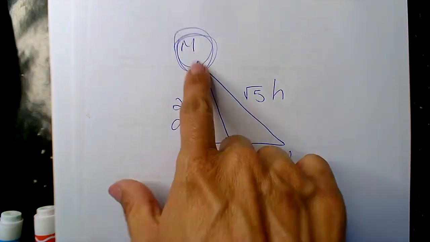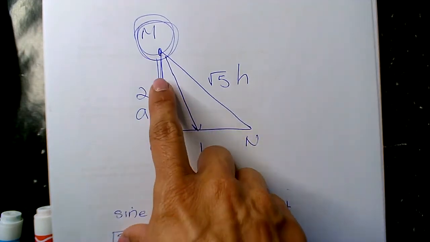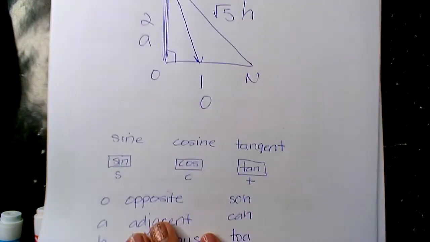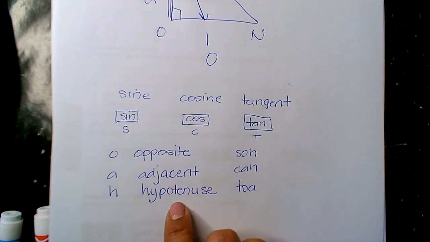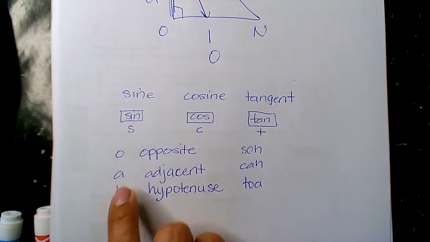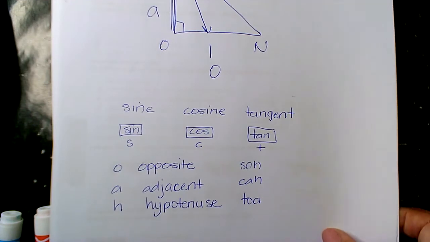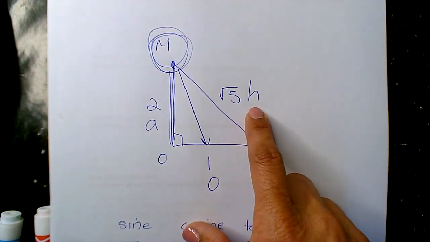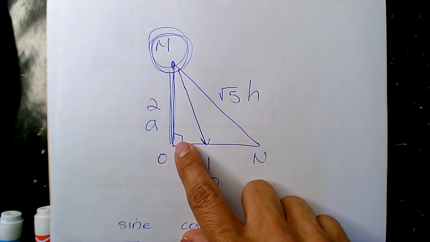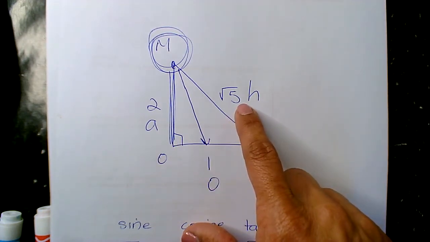Okay, so look. When you look at the M, just a big one, you have to label your opposite, adjacent, hypotenuse. O and A are legs, H is your hypotenuse. Okay, so the H isn't the problem. H is always opposite the 90 degrees. So if this is your right angle, this is hypotenuse.